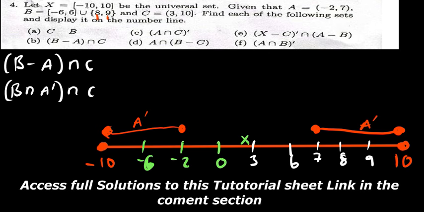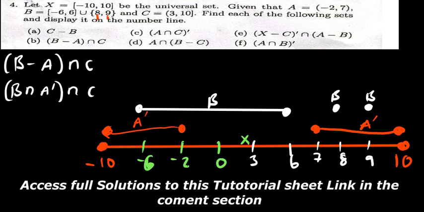So my B is from negative 6 included, all the way to 6 included. Okay, that's B. But again, it jumps union 8, so we just put a point at 8, and again we put a point at 9. That is also B.